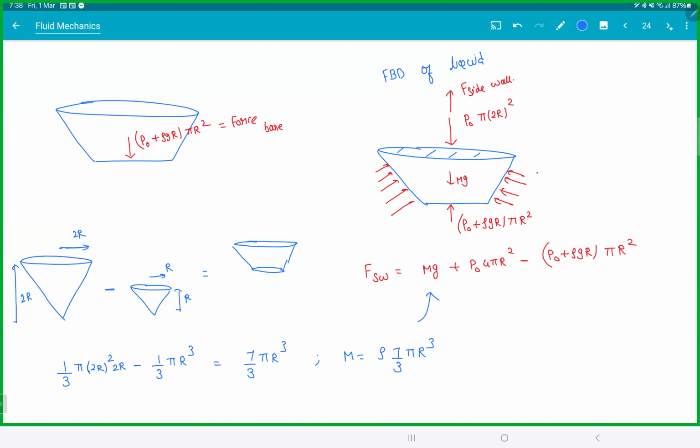Clear? Next one. Any doubts? Anyone not convinced with anything here? Please ask.